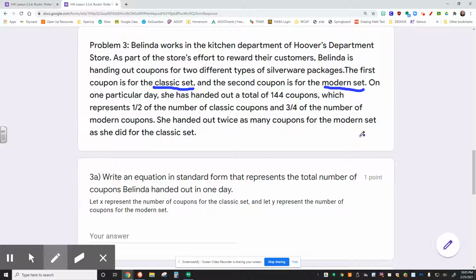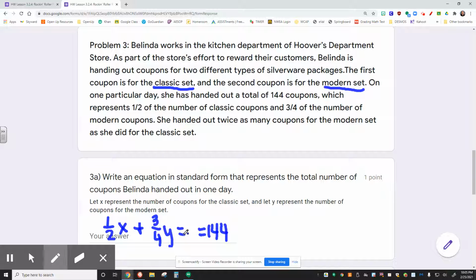That means we need to write an equation for these, talking about the total number of coupons that she handed out, which was 144. And what we know is that half of the number of coupons for the classic set, and then 3/4 of the number of coupons for the modern set, add up to that.